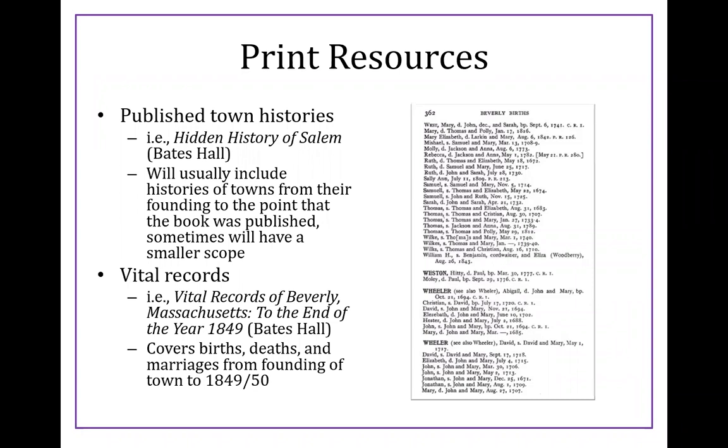They might have information about that person. The set that we have covers from the time a place was founded up until the point the book was published, which in most cases is sometime in the late 19th or early 20th century. On the shelves right next to these, we have published vital records.